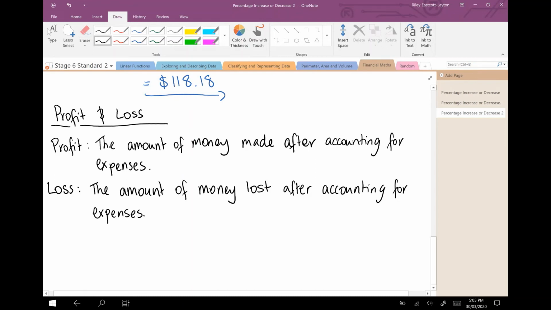And so essentially what I mean by this is, let's say we've got a clothes shop and they buy their pair of shorts for $7, and then they work out that on average every piece of clothing that they buy costs maybe $3 to ship, and they forget about that and they go, we're going to sell our shorts for $8 each, but they've forgotten about that $3 shipping. So essentially the shorts actually cost $10, but they've sold them for $8. Then they would have a loss of $2.